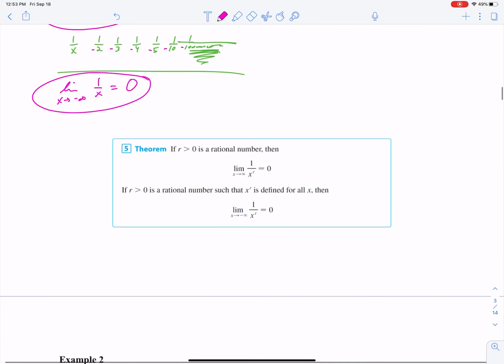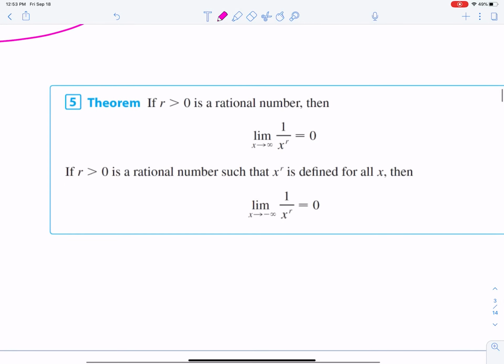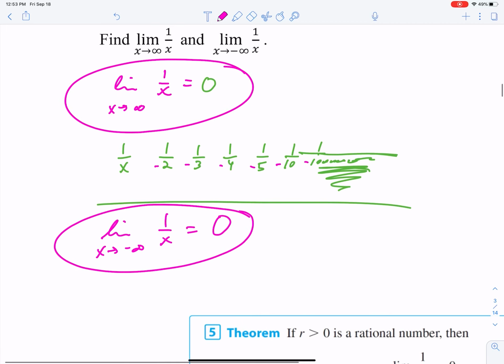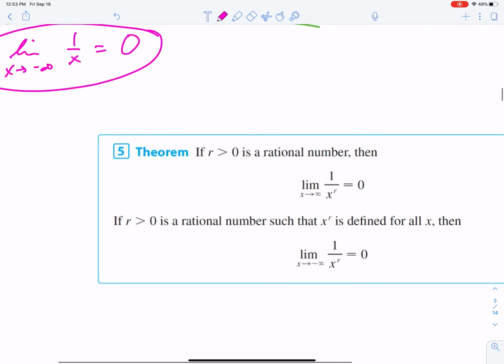Okay? So we have a theorem here. If r greater than 0 is a rational number, then the limit as x approaches infinity of 1 over x to the r power equals 0. And that's the same logic we just used. If the limit as x approaches infinity of 1 over x equals 0, well, if you take that denominator that's getting infinitely large and take it to an exponent, it's still going to be incredibly small.